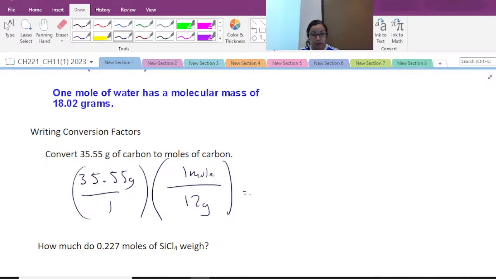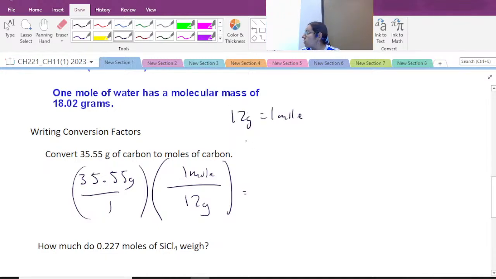I kind of did this backwards, but that's okay. You need the 35.55 on top though. And then use your dimensional analysis, because you had your conversion factor, right? 12 grams is equal to 1 mole.